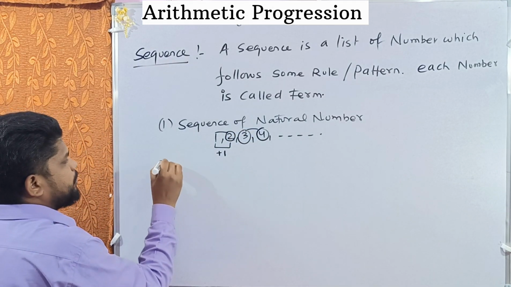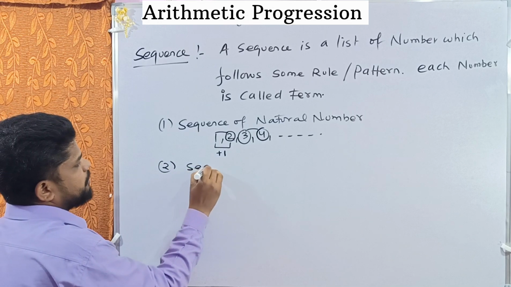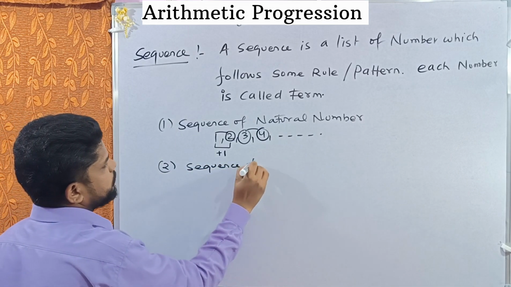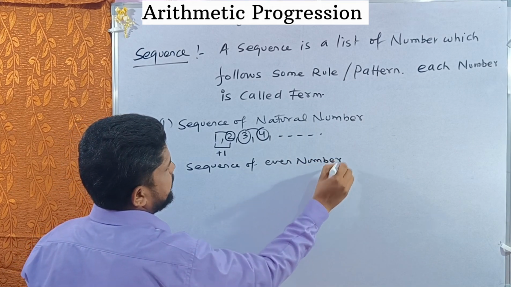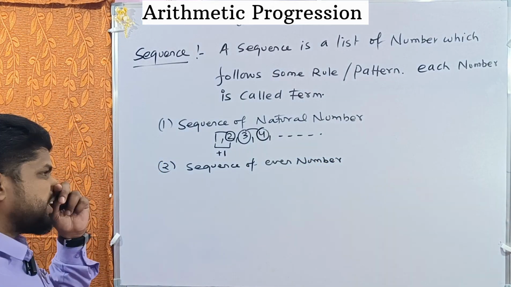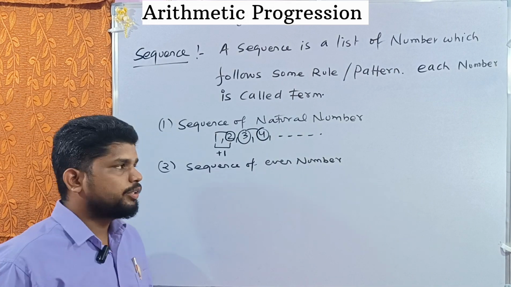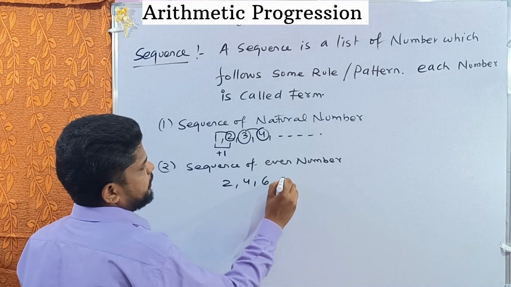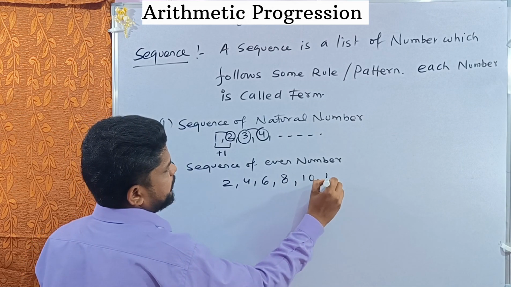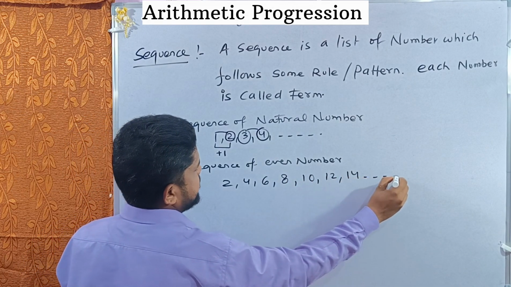Let us take more examples. Suppose we have a sequence of even numbers. We all know that even numbers are the numbers which are completely divisible by 2. For example, 2, 4, 6, 8, 10, 12, 14, and so on.